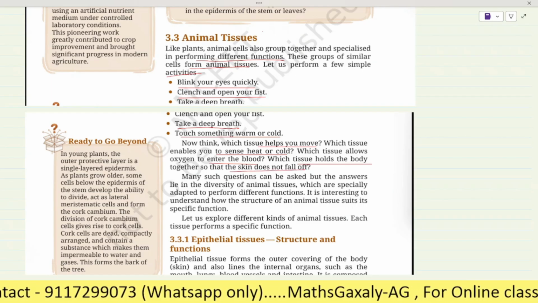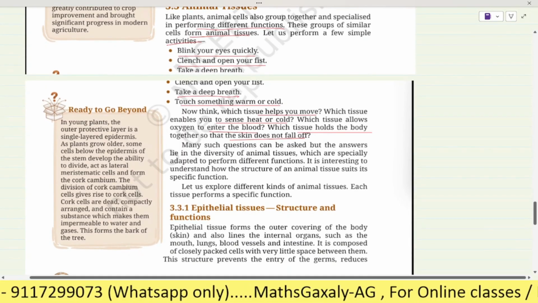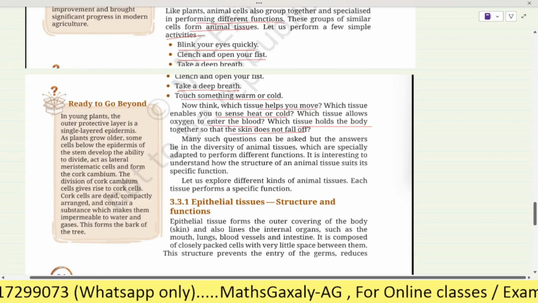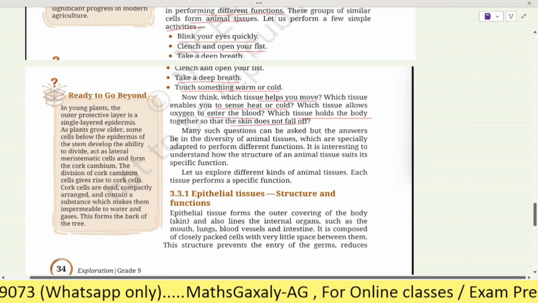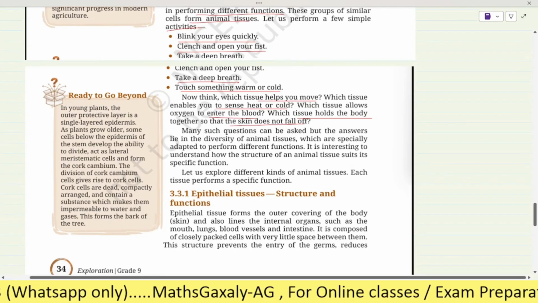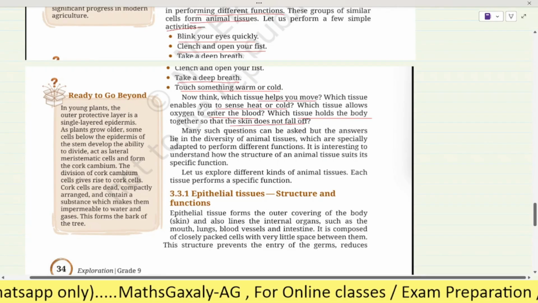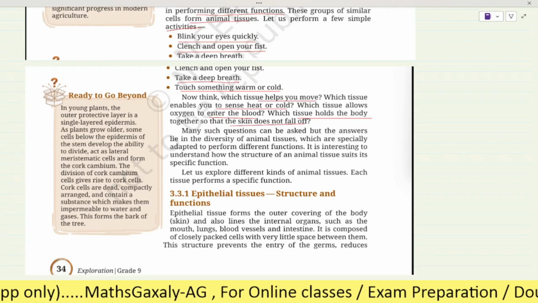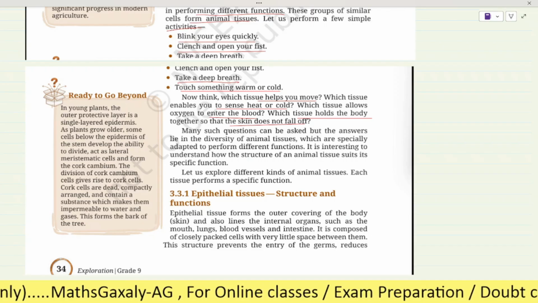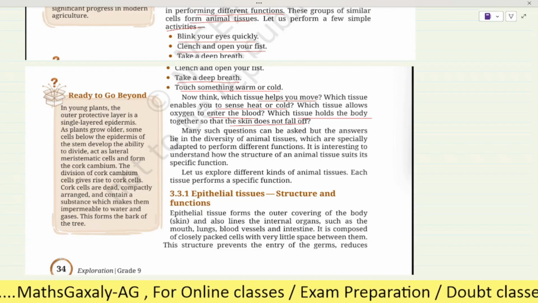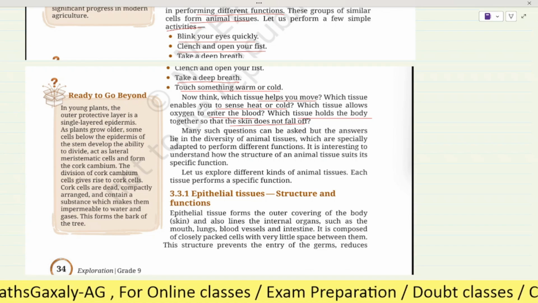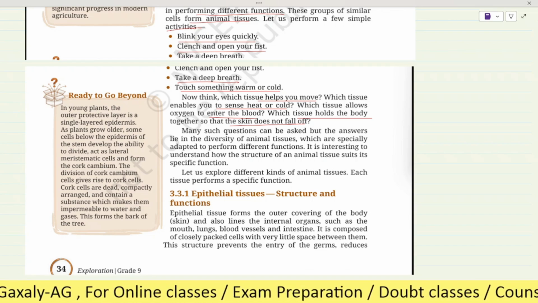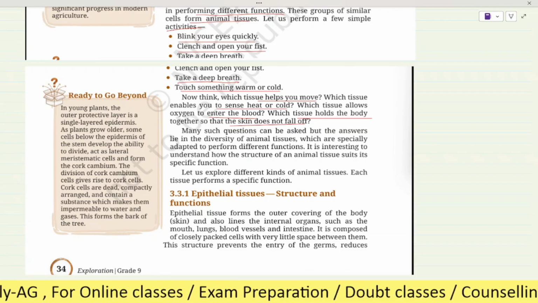Many such questions can be asked, but the answers lie in the diversity of animal tissue, which are especially adapted to perform different functions. It is interesting to understand how the structure of animal tissue suits its specific function. And let us explore different kinds of animal tissues.